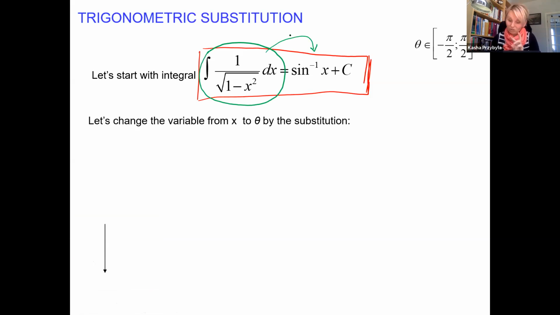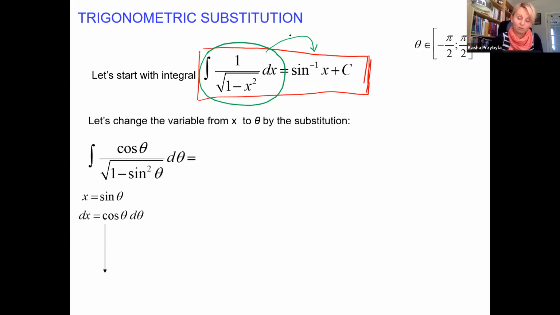That means I will introduce a new variable, theta, and I will replace x and dx with theta and d theta. Instead of x, I will put sine theta. I will tell you later why I did this.